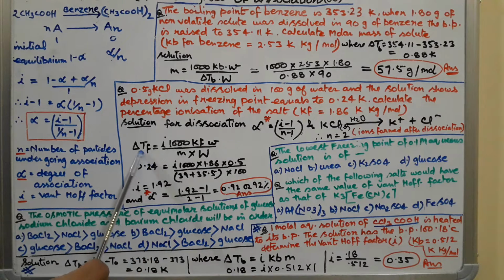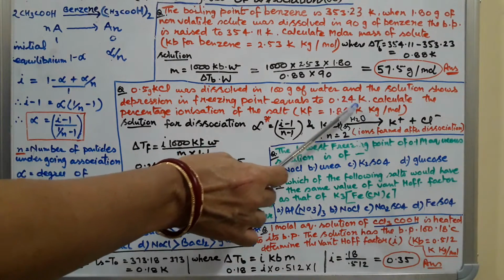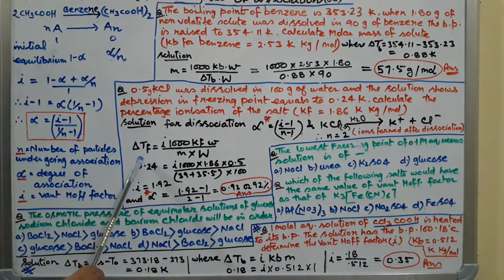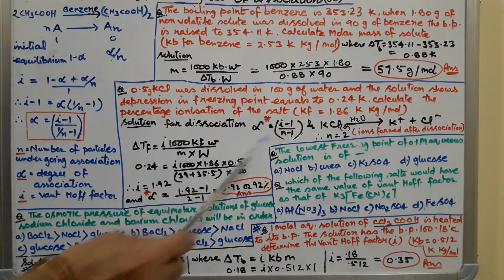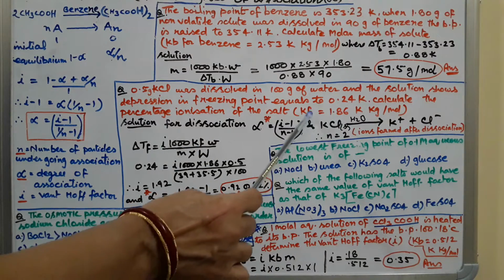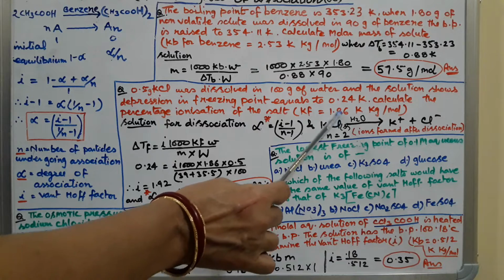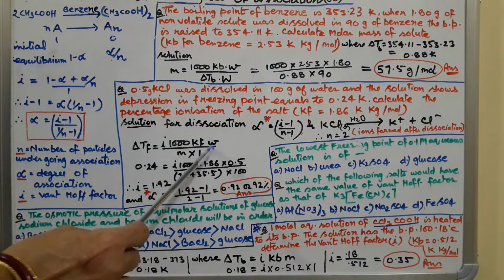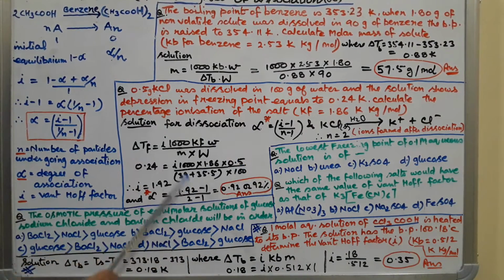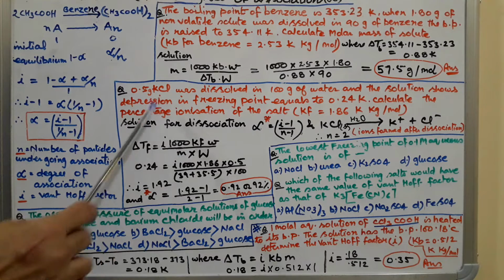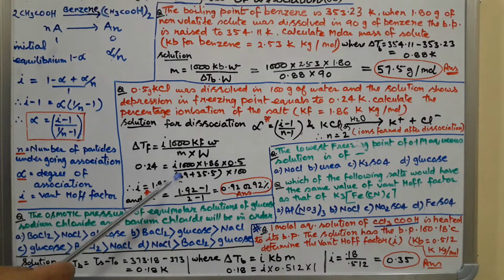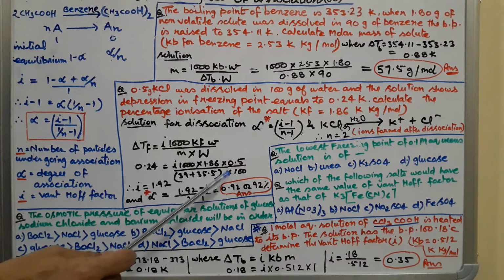Now delta Tf is already given here, 0.24 Kelvin. So I have written here 0.24 equals i, which we have to find out, into 1000. Kf is given in the numerical, it's a constant 1.86. Small w is 0.5 grams here, and M is the molecular mass of KCl, which comes to be K 39 plus Cl 35.5, into 100.